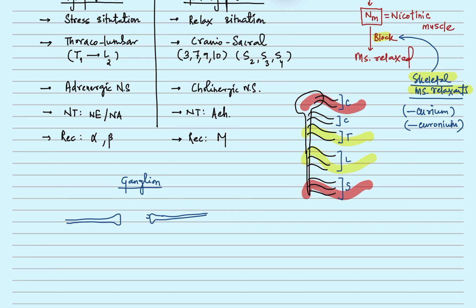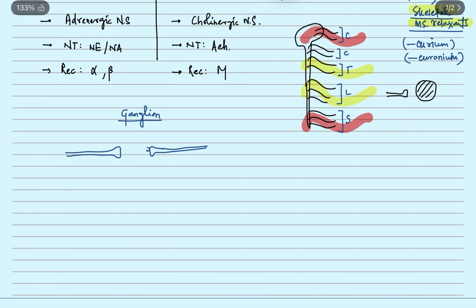Now all this that I told you is about the end neuron acting upon an organ. But actually there are two neurons in the autonomic nervous system. Suppose this is the brain and the spinal cord. Suppose you're talking about the sympathetic nervous system and it is a thoracic outflow.